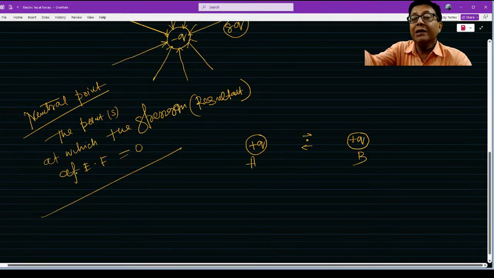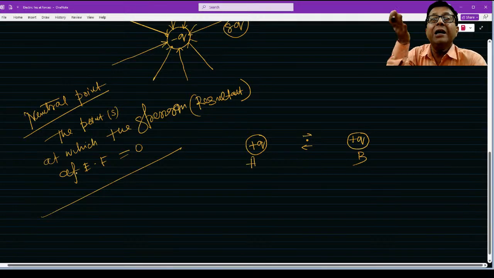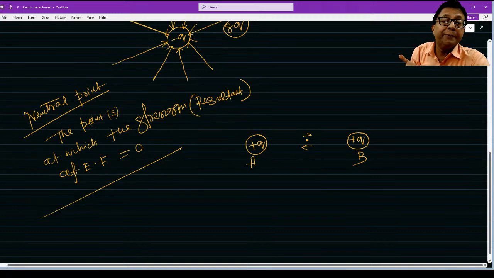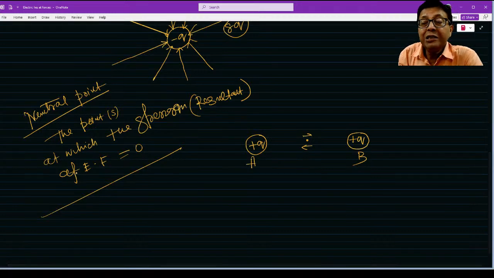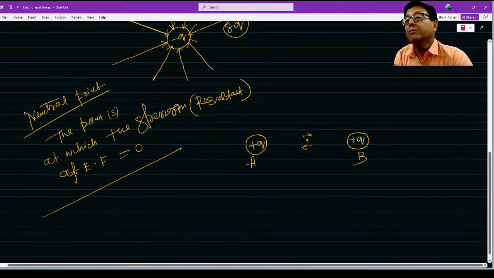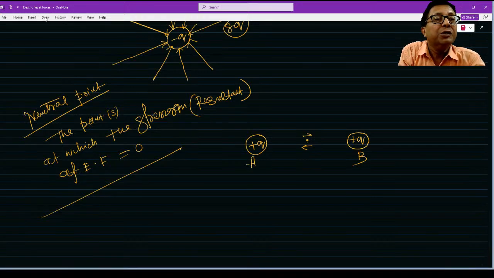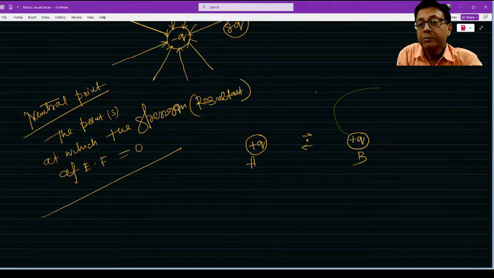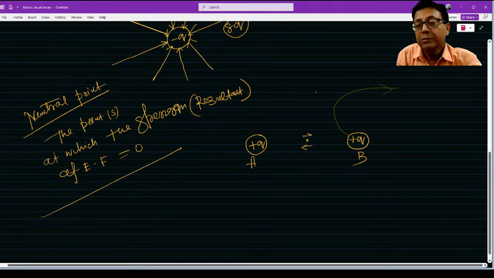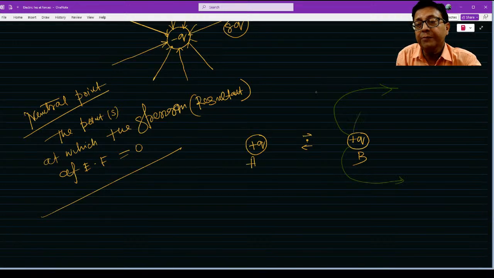We have to understand the strength and the direction of the electric field. So at this point, no electric field will be there. No line of force also will pass through that. So lines of forces are going to be like this. I am drawing a few only, just for understanding purposes.